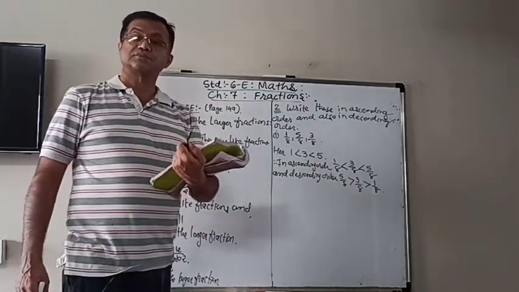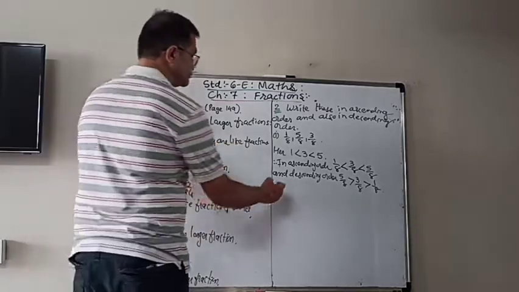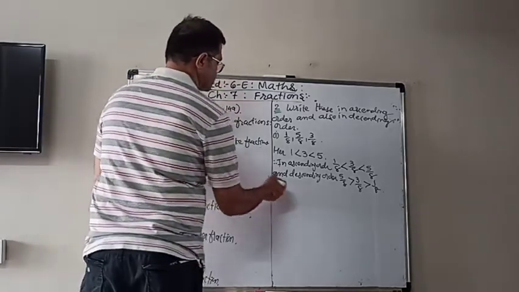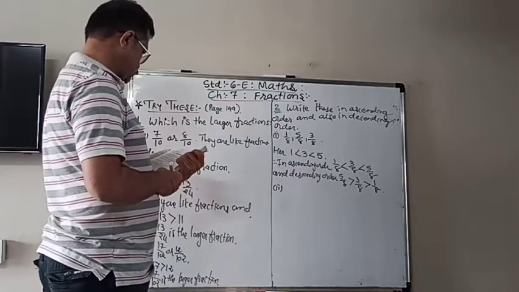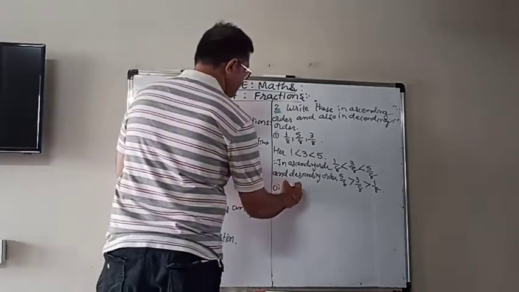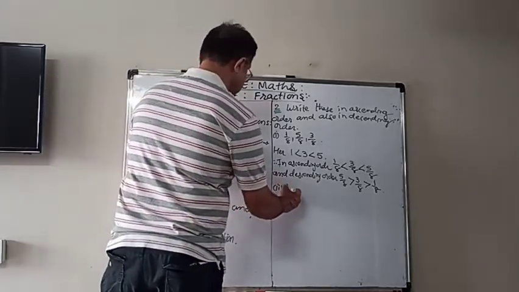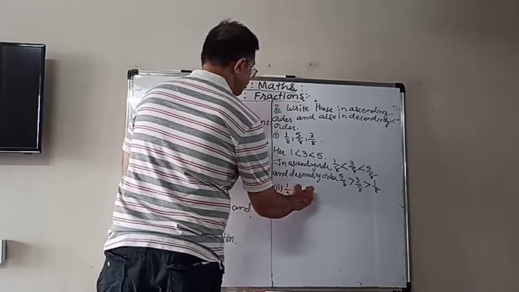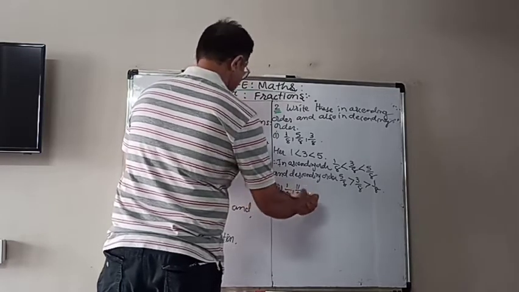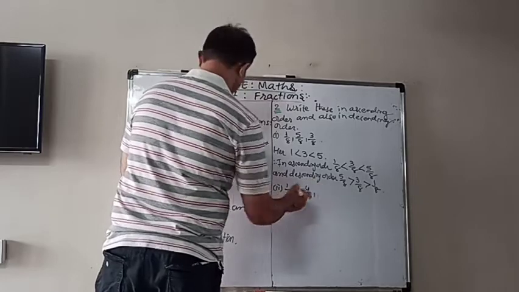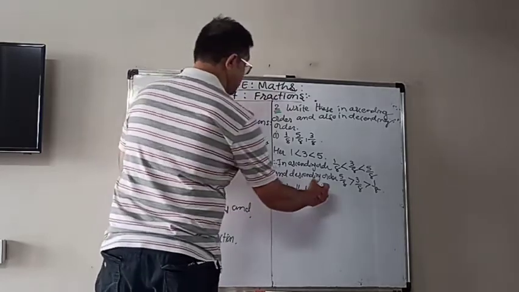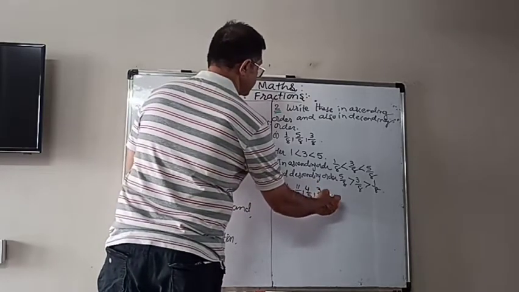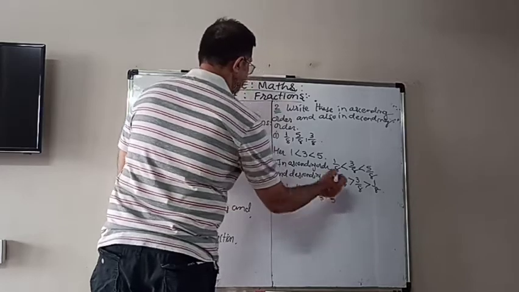Now the next. One by 5, 11 by 5, 4 upon 5, 3 upon 5, and 7 upon 5.